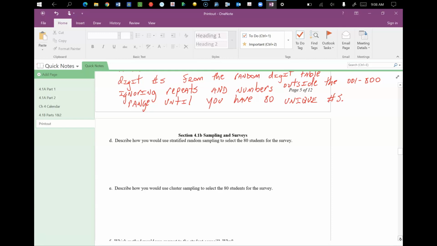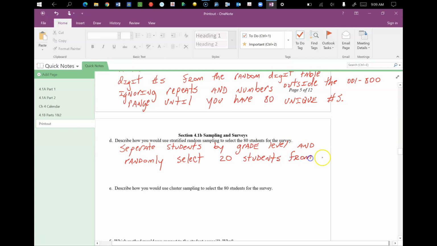So we're not going to go into as much detail here, but separate students by grade level and randomly select 20 students from each grade level.